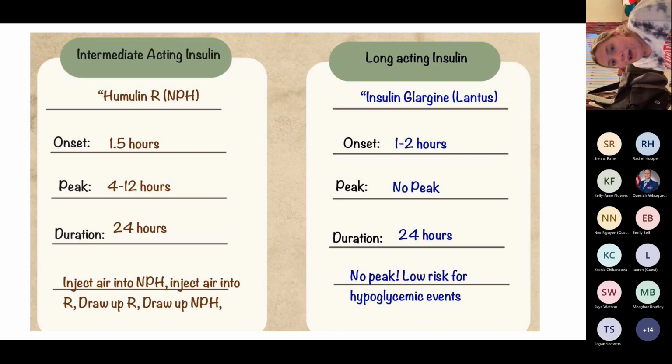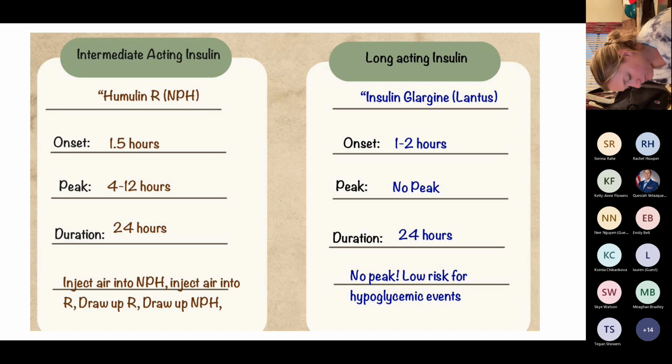Up next, we have our intermediate acting insulin. This takes them throughout the day. Again, this can be mixed with regular insulin, but please, please, please be aware of those peaks and onsets.